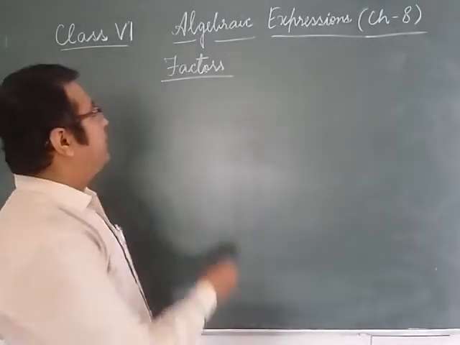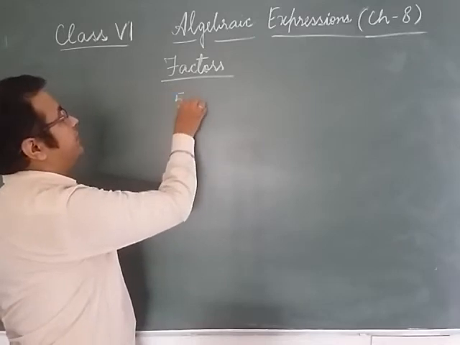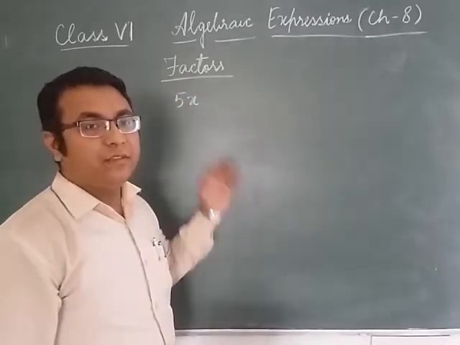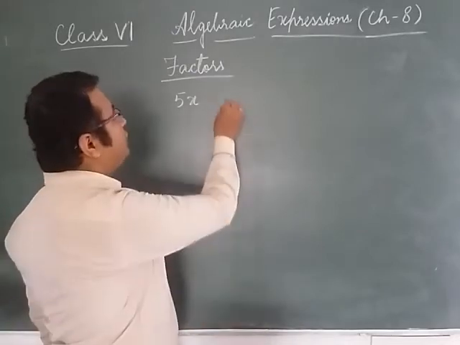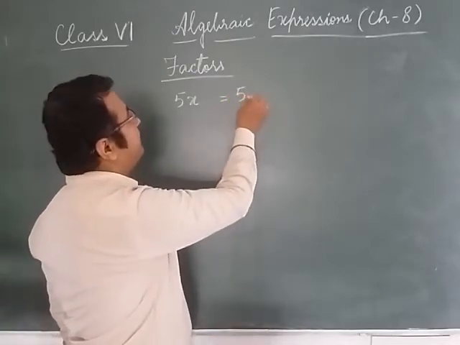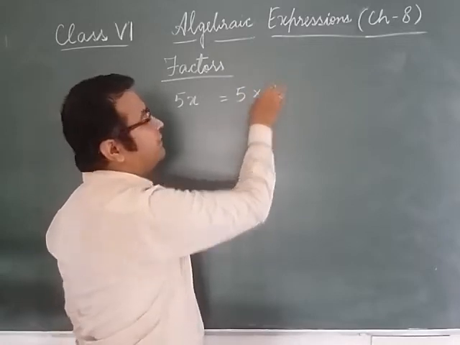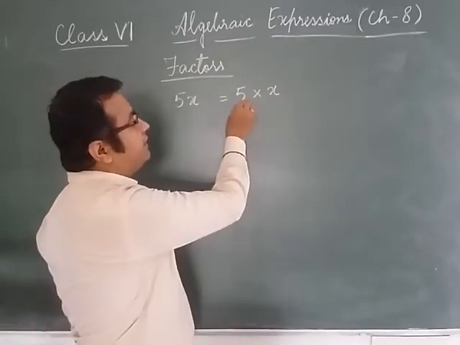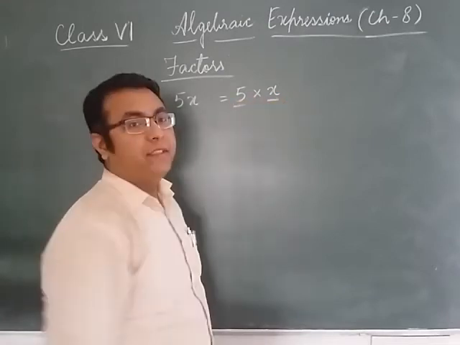For example, if I have written 5x, and my question is, what are the factors of this expression 5x? So you write them in product form. 5x can be written as 5 multiplied by x. So here 5x has 2 factors. One factor is 5 and the other factor is x.